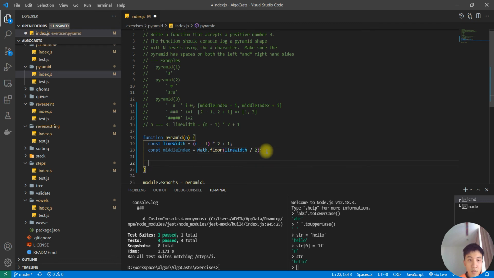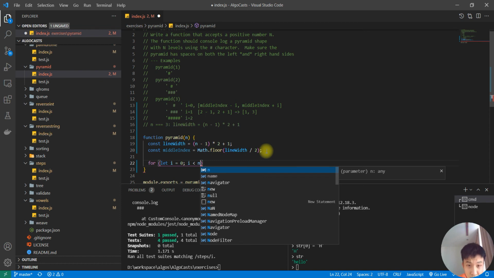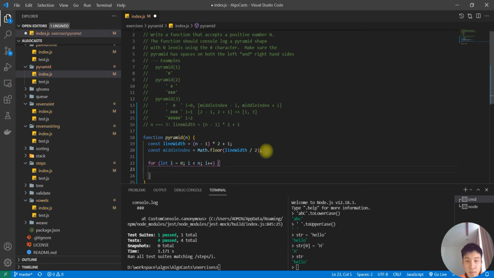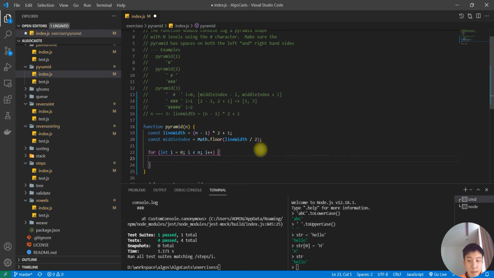For the n levels, we need to run a loop n times. Let's go with i equals 0, i less than n, i plus plus.